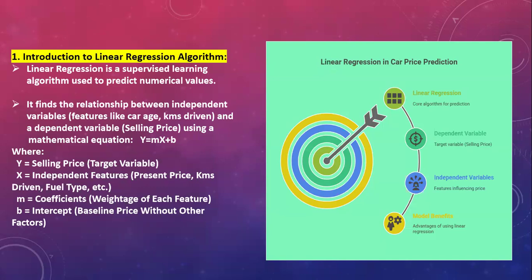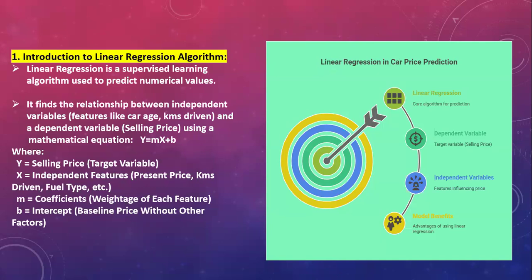Here in my use case, the selling price is the target variable, and x is the independent features. In my use case, I have independent features like present price, kilometers driven, fuel type, seller type, and many more. I have taken those as the independent features.